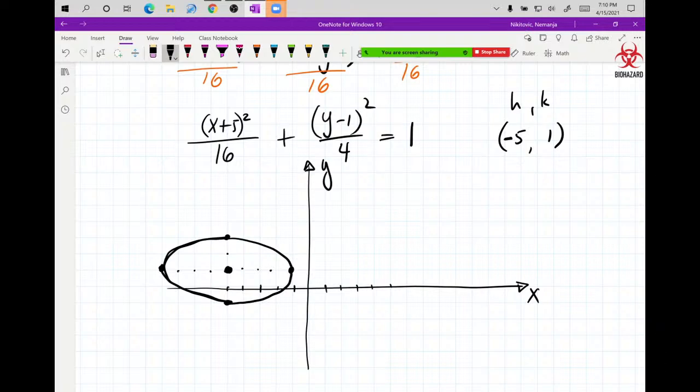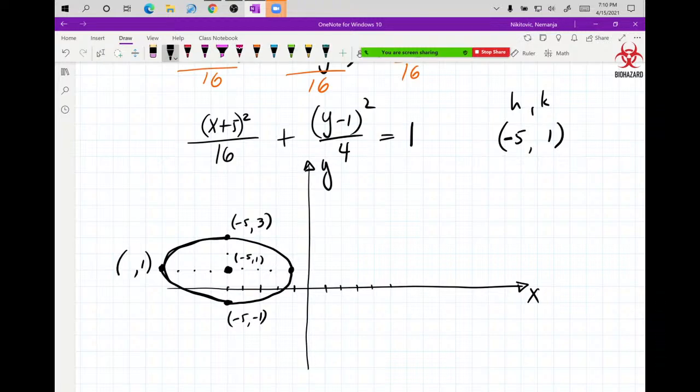And if you want the full credit, you need to label all of the points. Negative 5, 1. Then remember, negative 5 is the same. And then we add 2. And then we subtract 2. And then over here, 1 is okay.